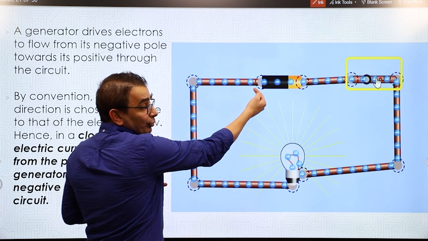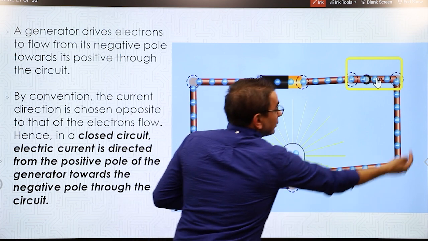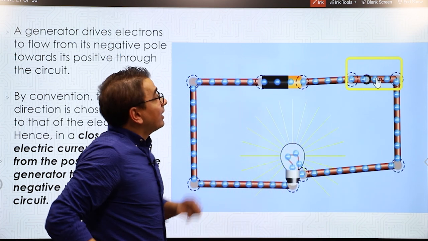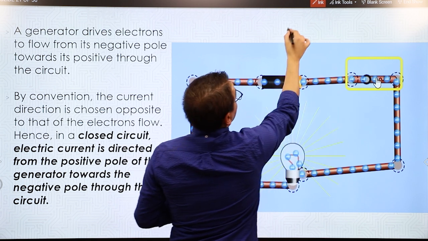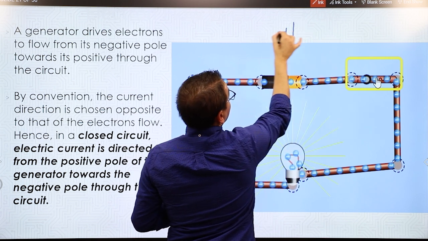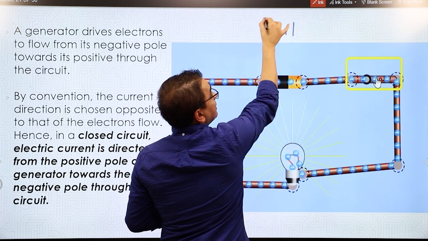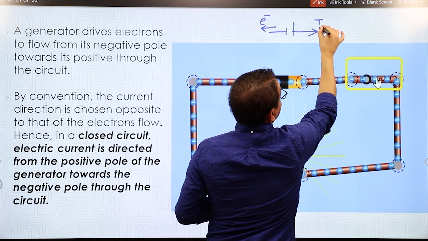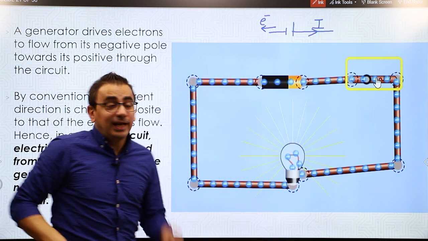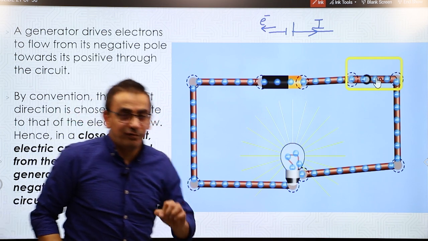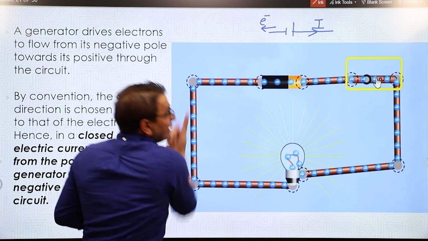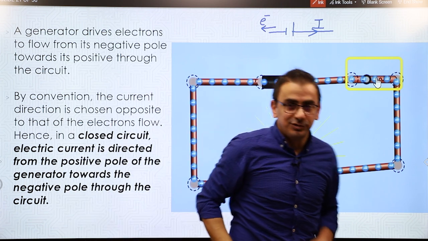So electrons flow from minus to plus and continue plus to minus inside the battery, while current, okay, so this is the positive, this is the negative. Electrons are moving like this, while electric current is like this. So keep that in mind. Electric current is always opposite to the flow of electrons. Electric current flows from positive to negative, but through the lamp or through the circuit.